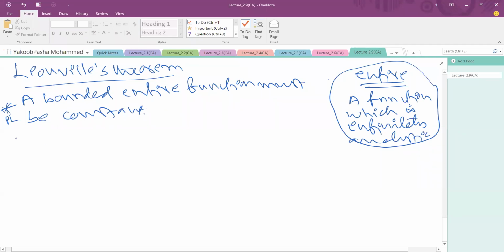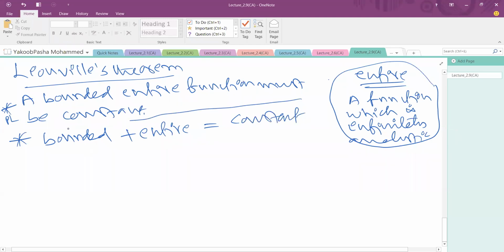So here we have to observe your function bounded and entire, that is equal to constant. Bounded entire means bounded entire function must be constant.